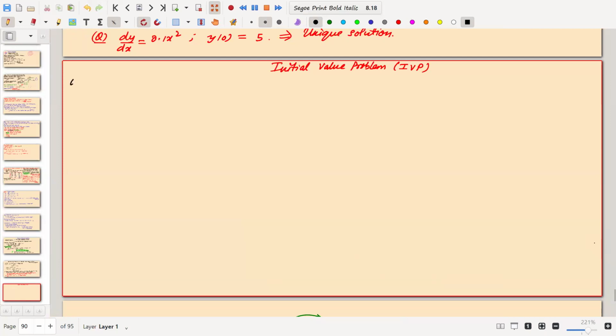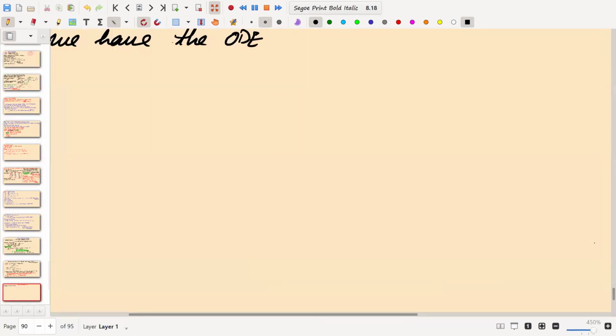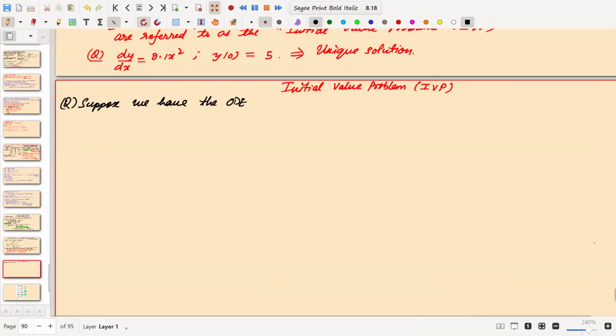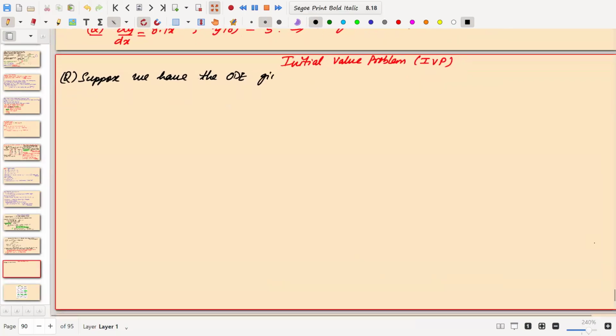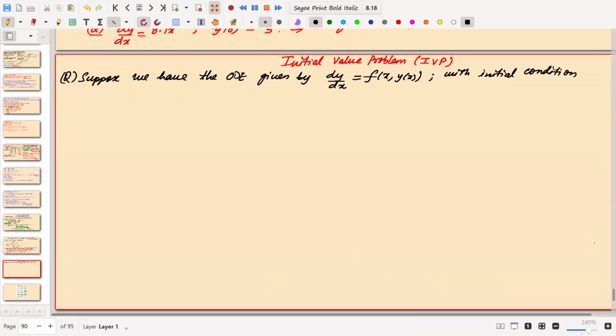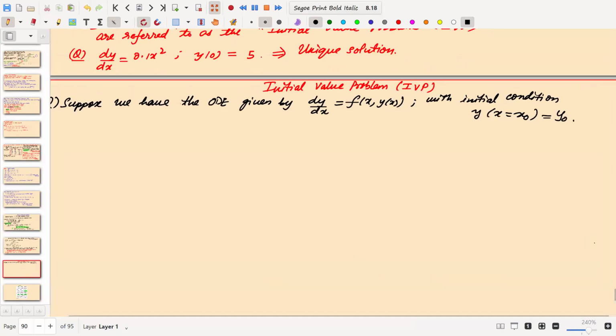So we will take the question here. Suppose we have the ODE given by dy by dx equal to f of x comma y of x, and with the initial condition. What is the initial condition? y at x equal to some x naught is equal to y naught. This is the initial condition.